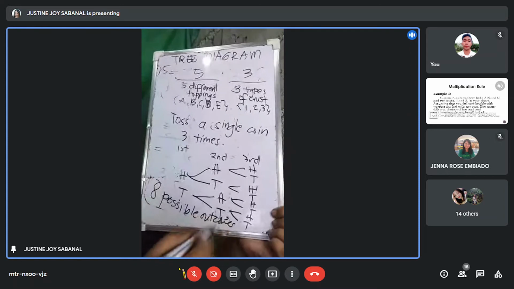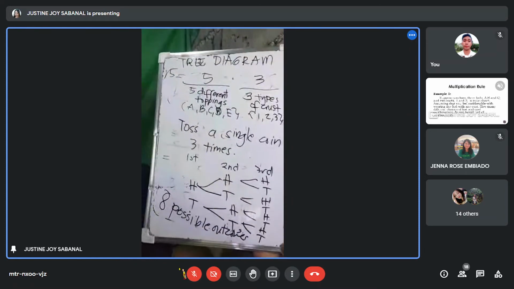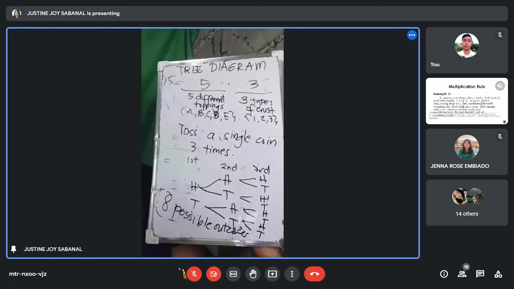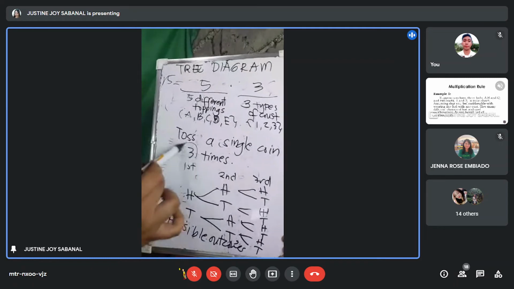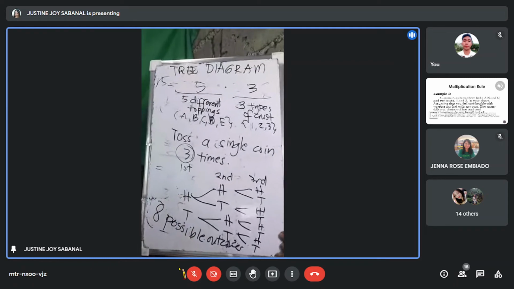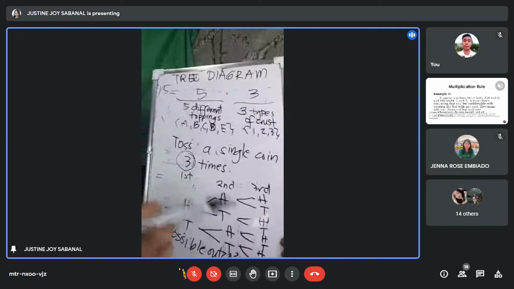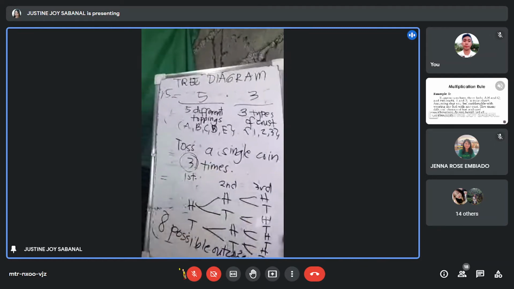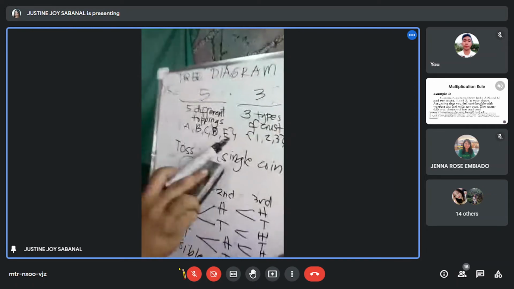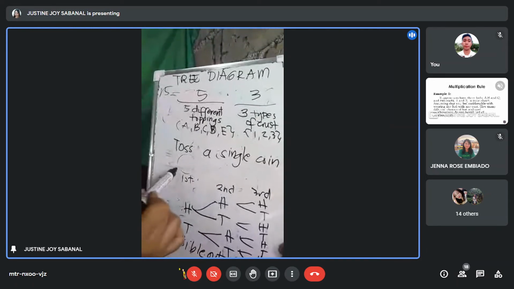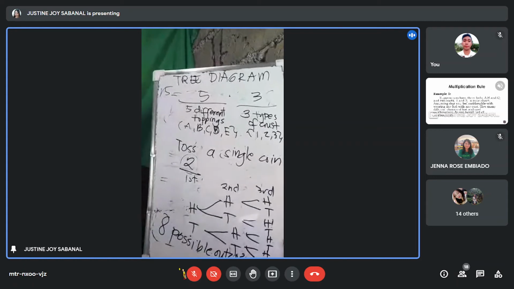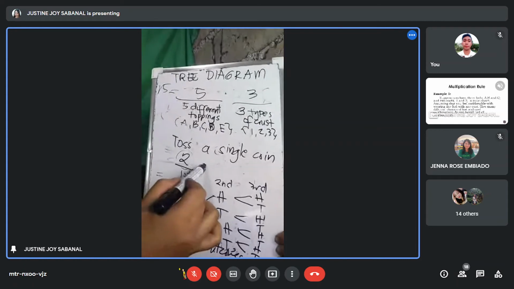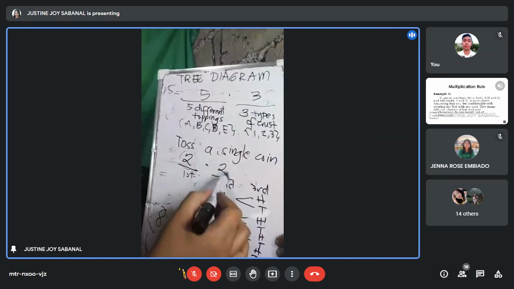So, pag ganito po na kailangan nyo i-repeat yung experiment po, hindi natin i-multiply yung number of repetitions. So, ang gagawin mo is to really identify. Kunwari, may first, second, third try tayo. So, sa first try, sabi nyo head or tail lang. So, dalawa lang yung outcome nun. Sa second try, multiply mo na siya. So, dalawa rin.